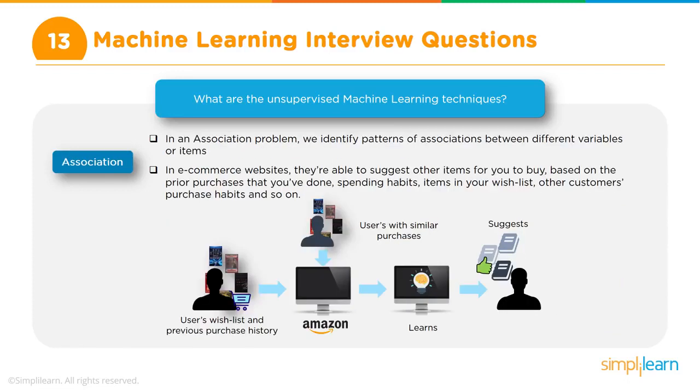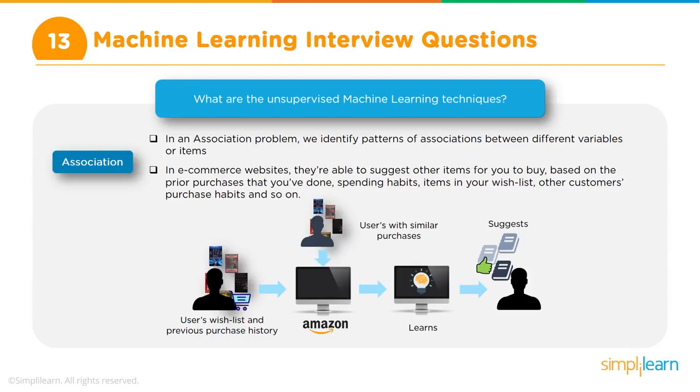This is clustering. Then association, I think the best way to explain association is with an example. In case of association, you try to find out how the items are linked to each other. So for example, if somebody bought a laptop, the person has also purchased a mouse.